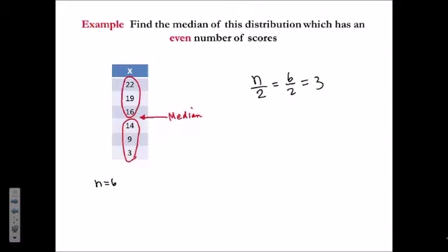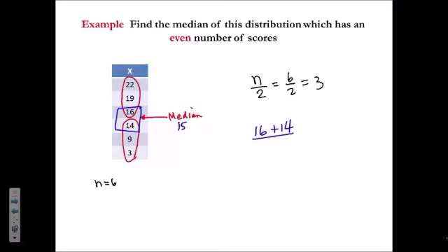So what do we do? We take the 2 scores that are in the middle, 16 and 14, and we go halfway between those two. Halfway between 16 and 14, well, you could see it right away, would be 15, or you can get the mean of the 2 scores.